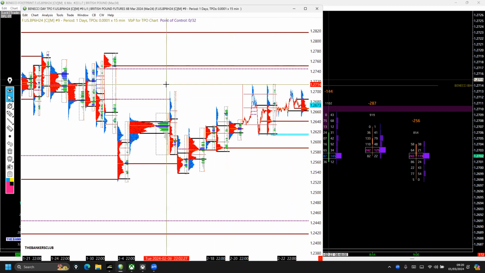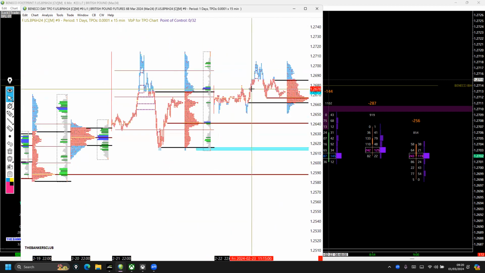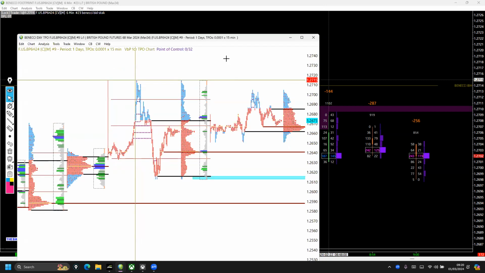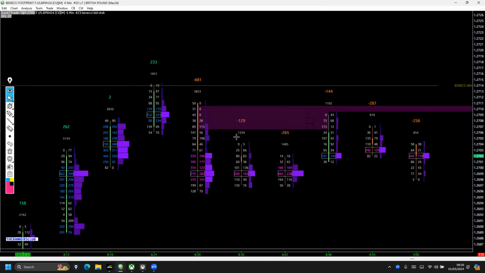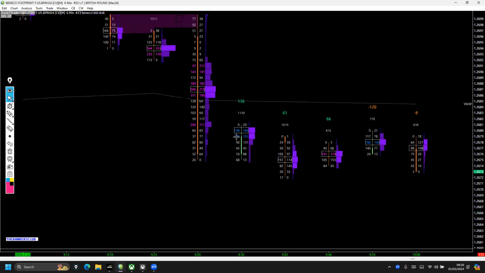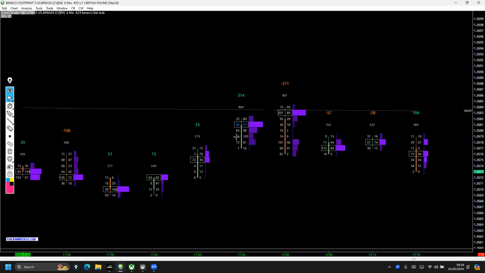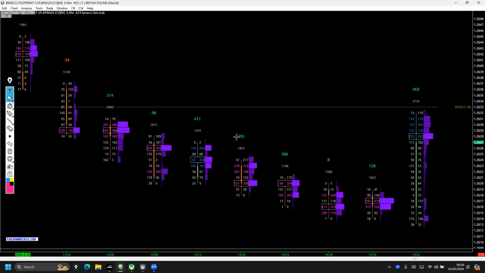Yeah, so we had come up, swept the high from this profile here, rejected, pulled back into the imbalance, and then the market sold off. Looks like it actually sold off for the rest of the day.